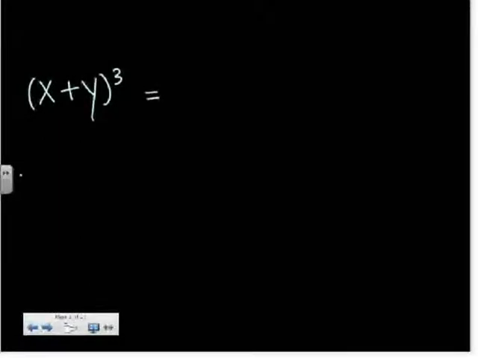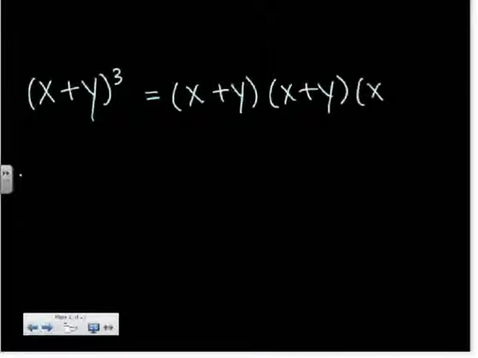When x plus y cubed, which is x plus y times x plus y times x plus y, is expanded, products of a term in the first sum, a term in the second sum, and a term in the third sum are added.